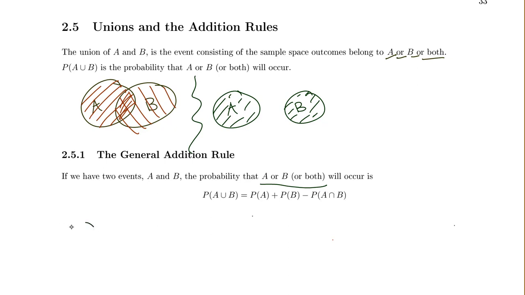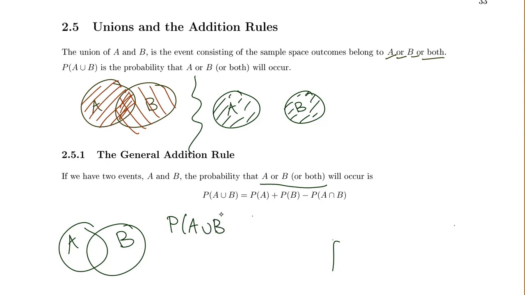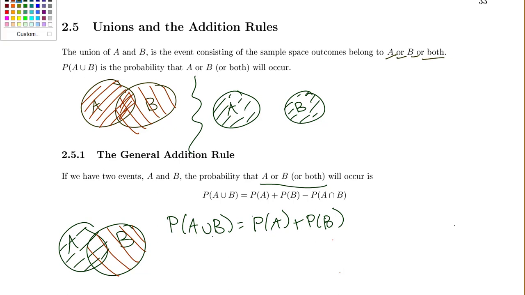Now, why do we do this? You might have thought about this as I was shading up above. So if I was to do this formula, the probability of A union B is equal to the probability of A. So let's shade A. Plus the probability of B. So come back and shade B. Now notice what happened to the things in the middle.